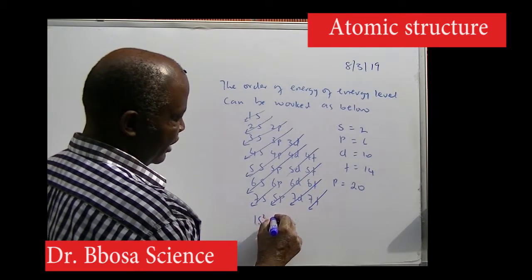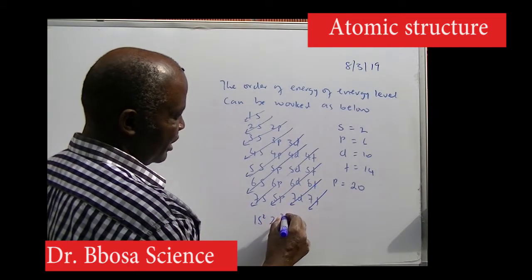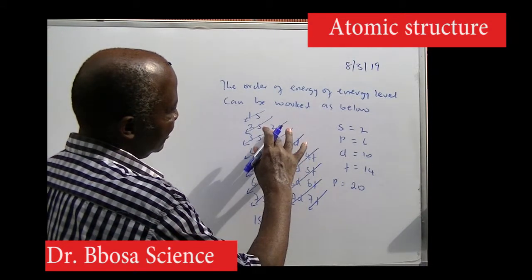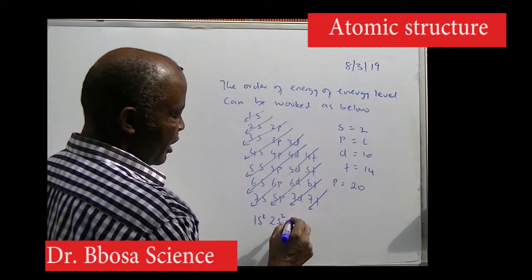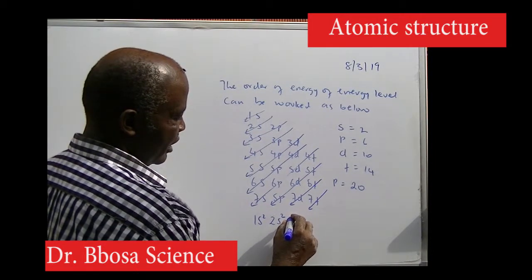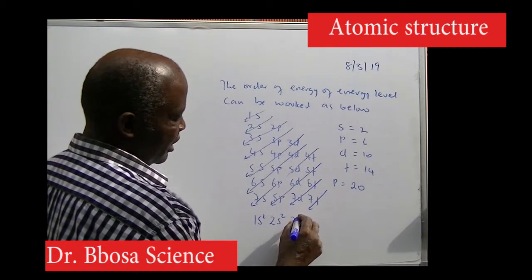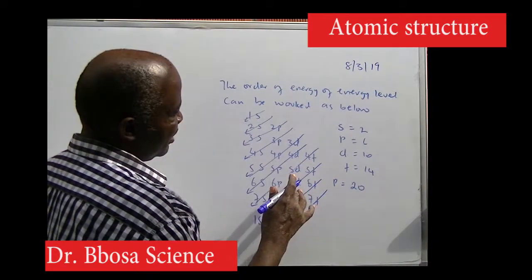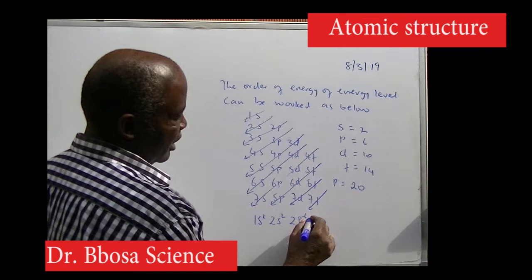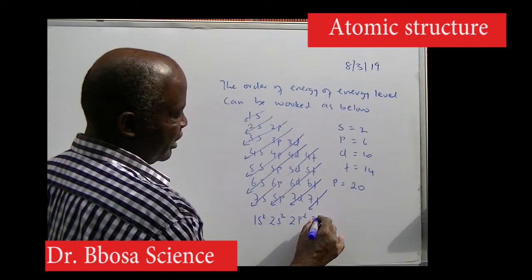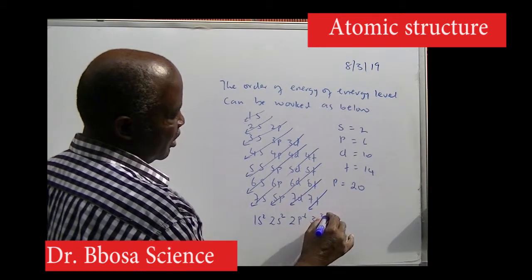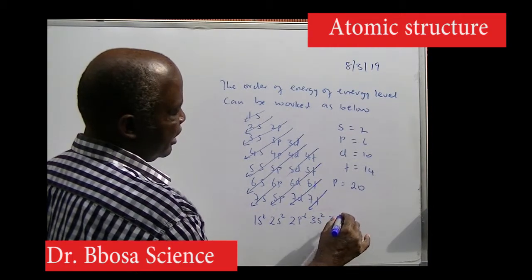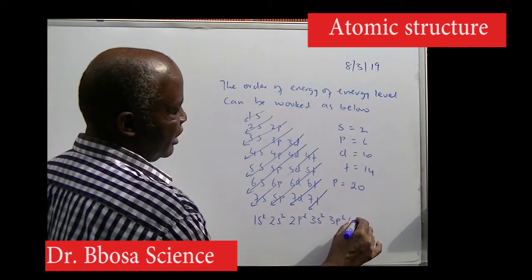Then we put the next 2 electrons in 2s2, 16 remaining, then 6 electrons in 2p6, then 2 electrons in 3s2, then 3p6, then 4s2.